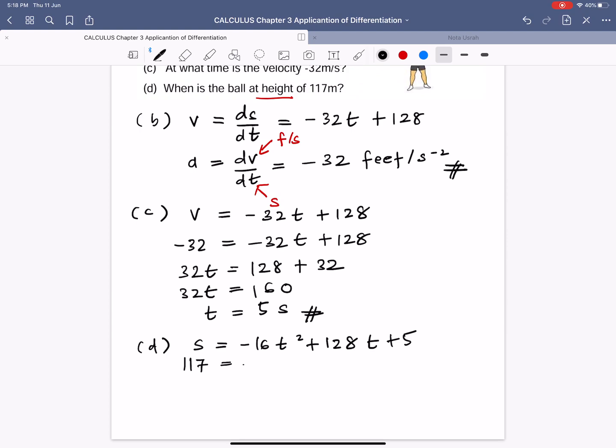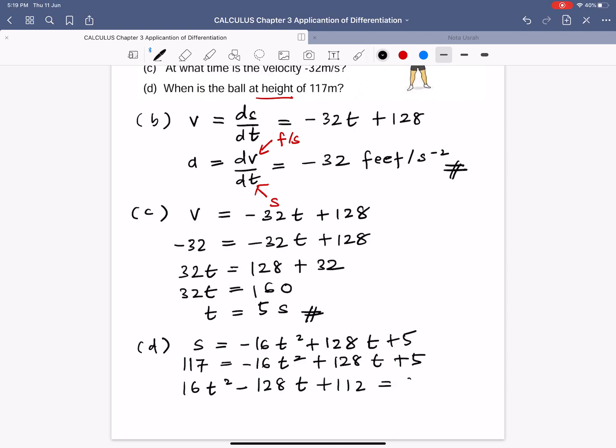So we will simplify this first. Therefore, we have 16t squared minus 128t plus 112 equals 0, since 117 minus 5 is 112. Right?